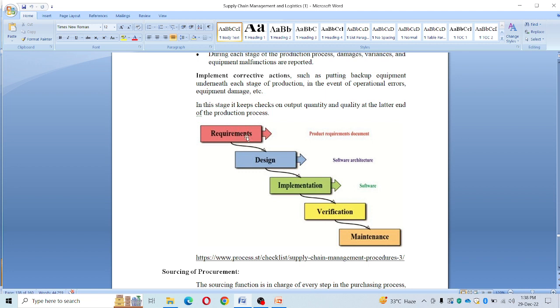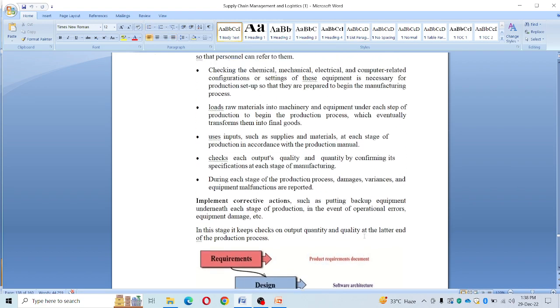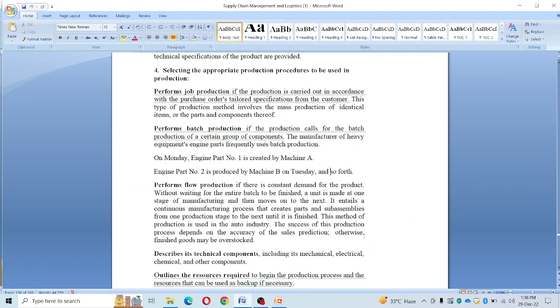Or, if we want to see it vice versa, first the requirements come, then the design of the plant layout happens, implementation is done, verification of the manufactured products is done, and finally the inspection. We have to see the damage control and the wastages, so the maintenance part is also adequately handled. This way we can talk about the production and assembly steps.